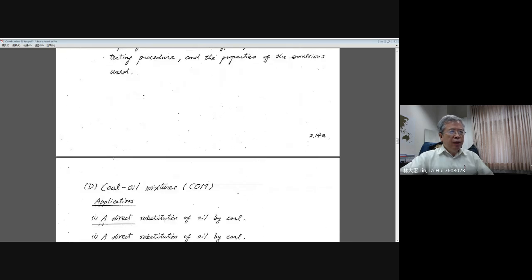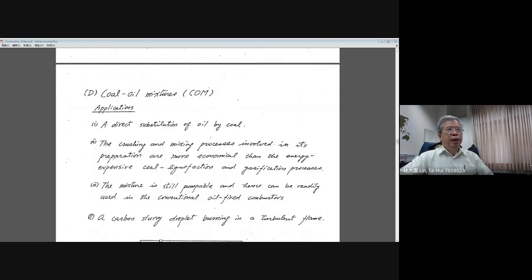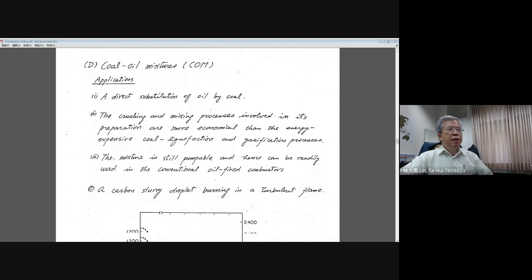The final application for the multi-component droplets, we call the coal-oil mixture, COM. The coal-oil mixtures refer to coal utilization. For coal, generally, we have three kinds of application for industry furnaces.